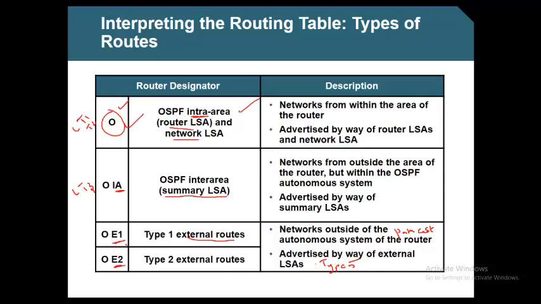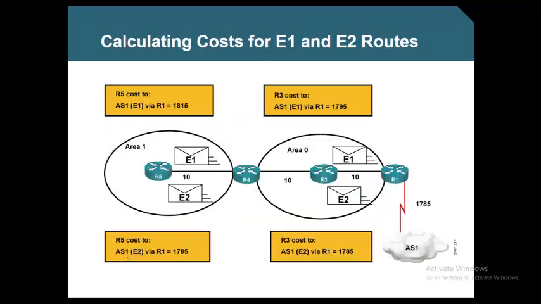But mostly people don't like it. They don't want the path cost to be calculated. That's why the default is E2. What do I mean by this? What is the meaning of calculating path cost, not calculating path cost? Let me show you the picture. You see this picture.